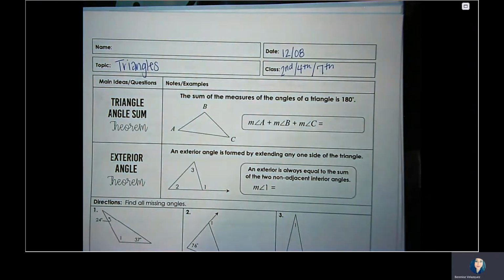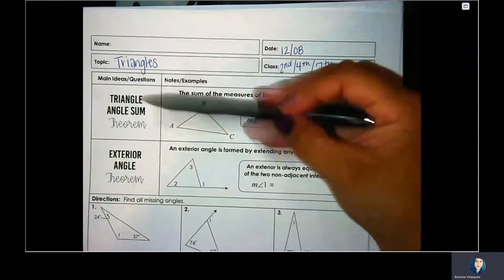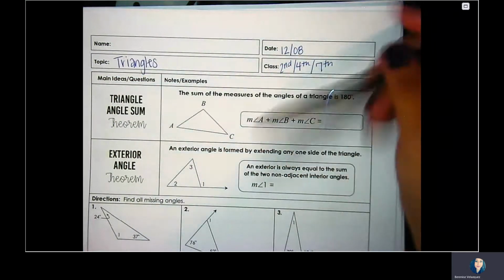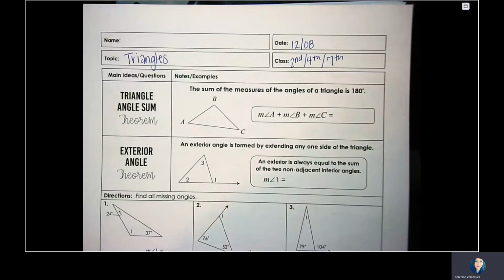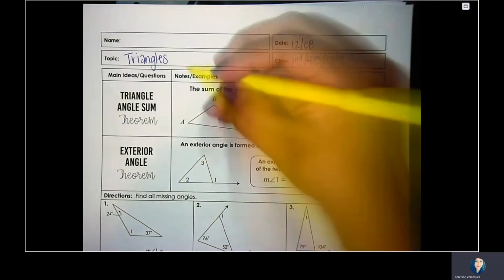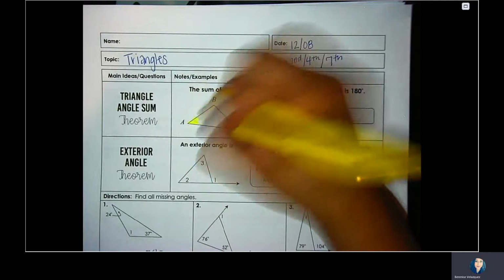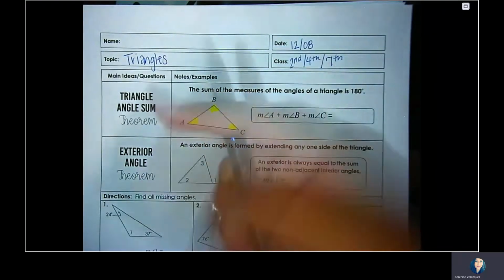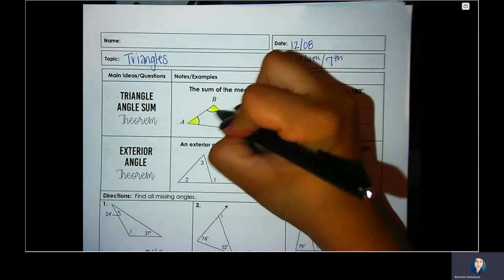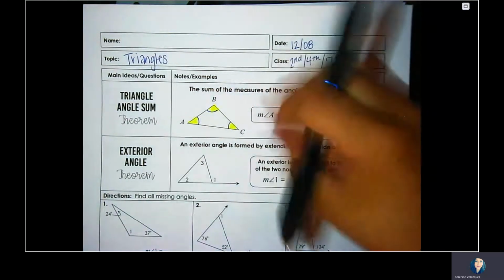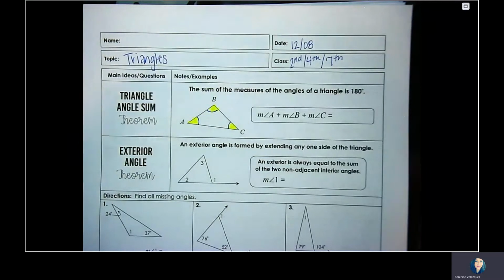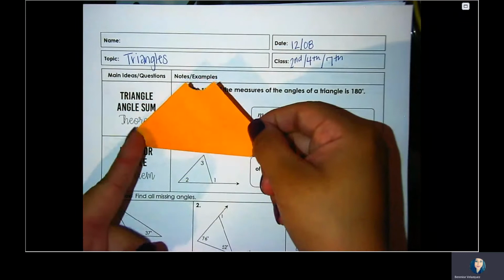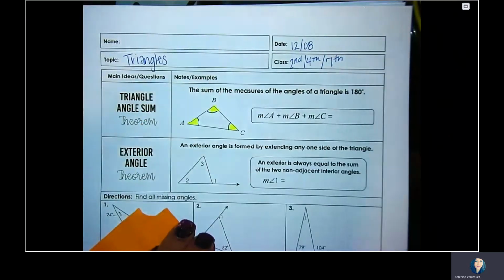Okay, so what are we studying? We're studying a theorem, and the theorem is called triangle angle sum. So what that is saying is something very easy, hopefully, to understand, and that is look at each corner of a triangle. So here's angle A, here's angle B, and here's angle C. If I cut these pieces out, and then I try to put them back together, which I did in the other video, I'm not going to go into it too much, but I made a triangle and then I ripped the corners out.